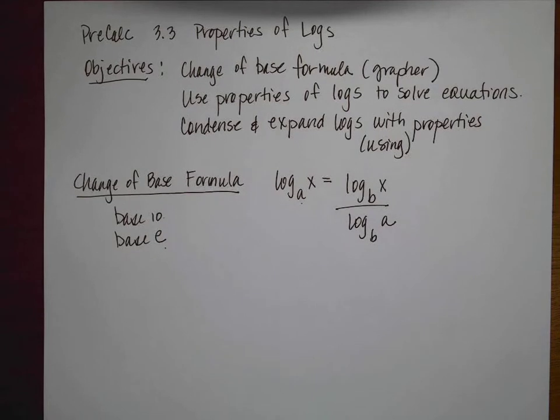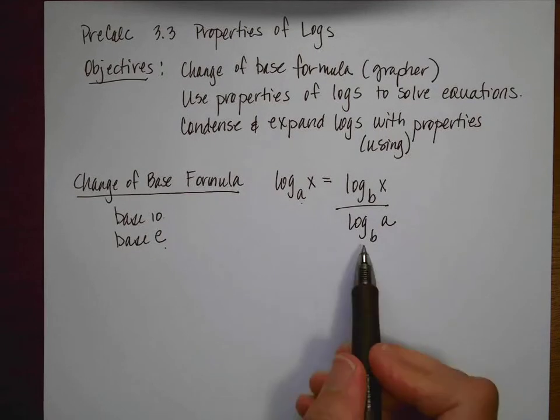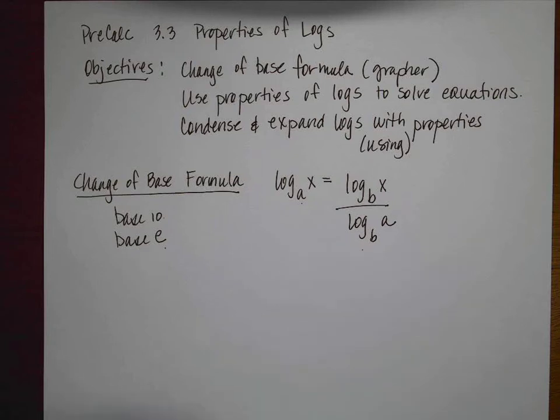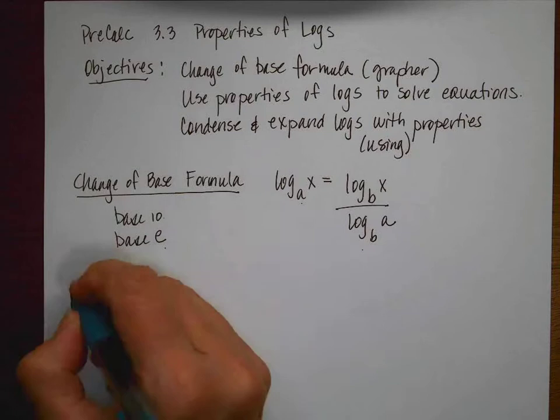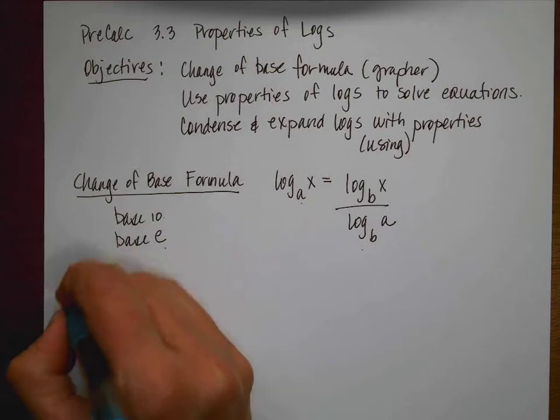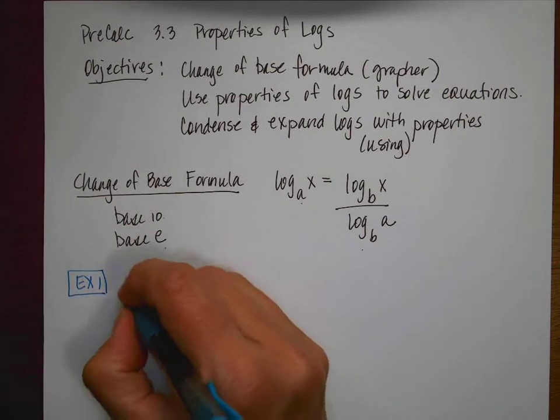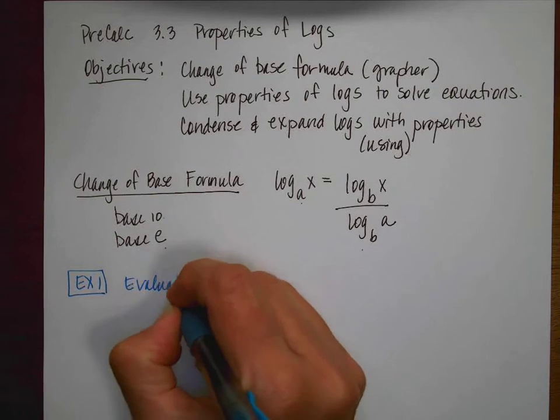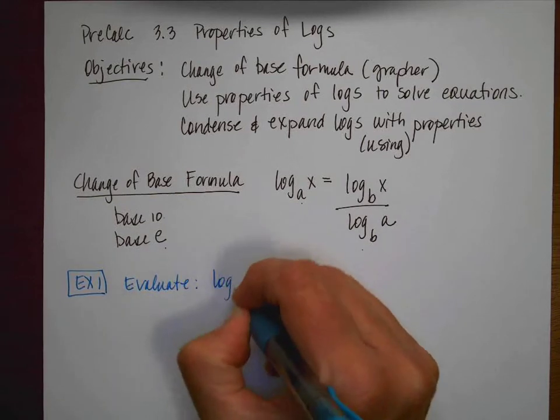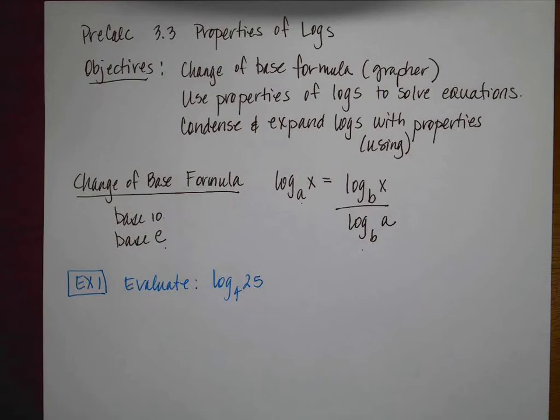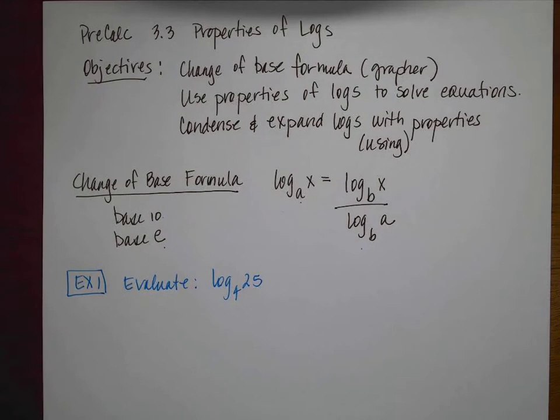Now I'm going to show you how to do this if you're doing it by hand, and then I'll show you how to do it in your grapher. For our first example, if I wanted to evaluate the log base 4 of 25, I used to not be able to do that in my calculator, so I had to do the change of base formula.